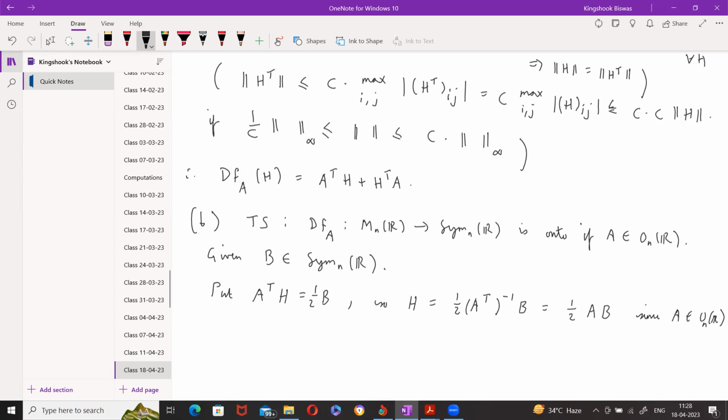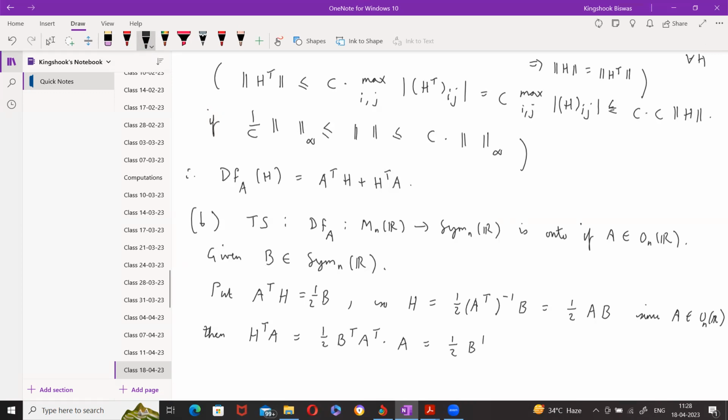And so then H transpose A will be what? This will be half B transpose A transpose, but B is symmetric. Sorry, I missed out an A. So H transpose is just this into A. So the A transpose A cancels because it's orthogonal.